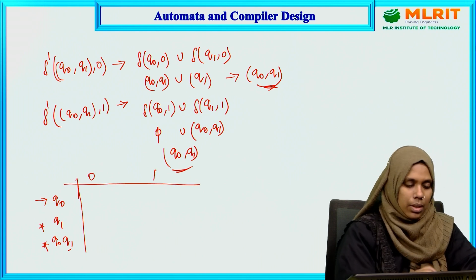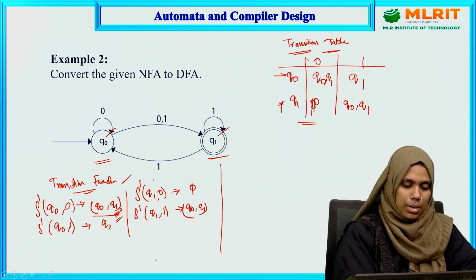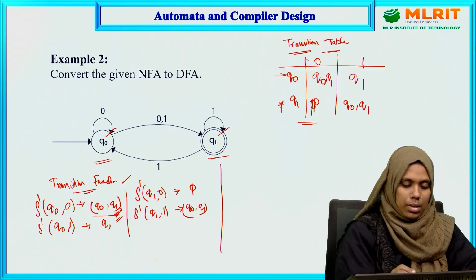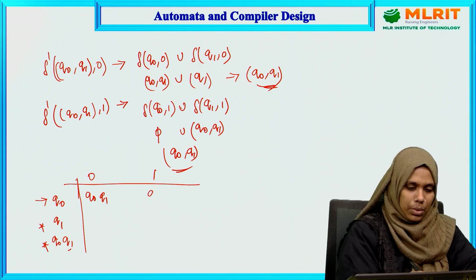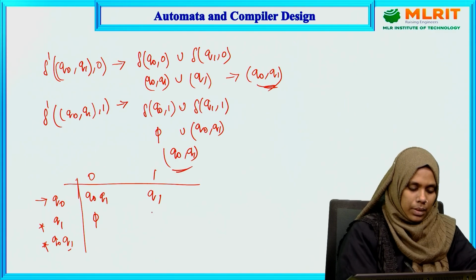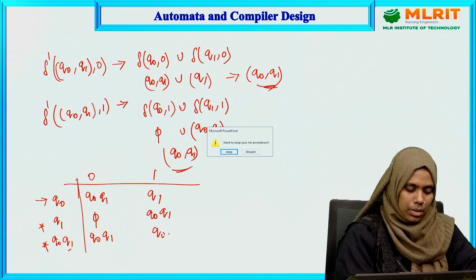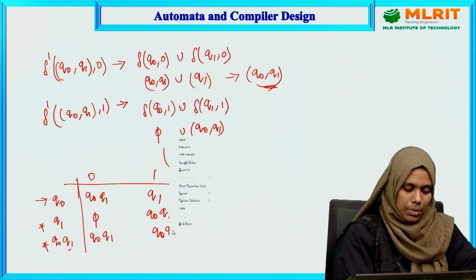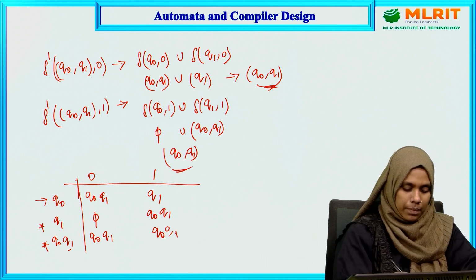Now q0 of 0 is q0 q1, q0 of 1 is q1, q1 of 0 is phi, q1 of 1 is q0 q1. q0 q1 of 0 is q0 q1, and q0 q1 of 1 will again be q0 q1.